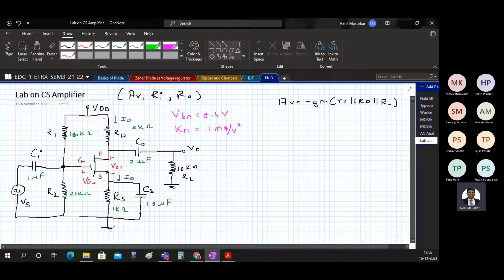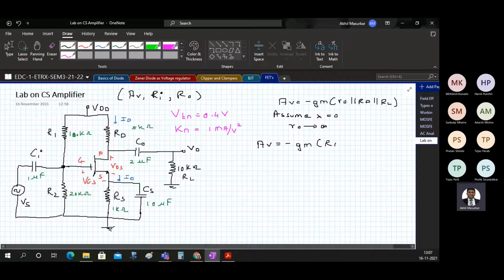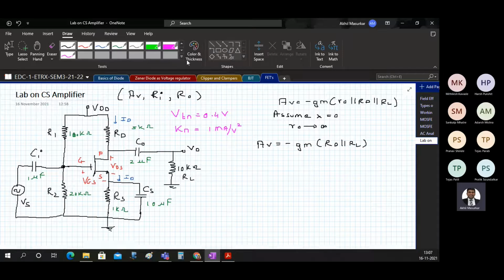So we will assume lambda equal to 0. So if lambda equal to 0, then R0 tends to infinity, and then AV becomes minus Gm Rd parallel with RL.